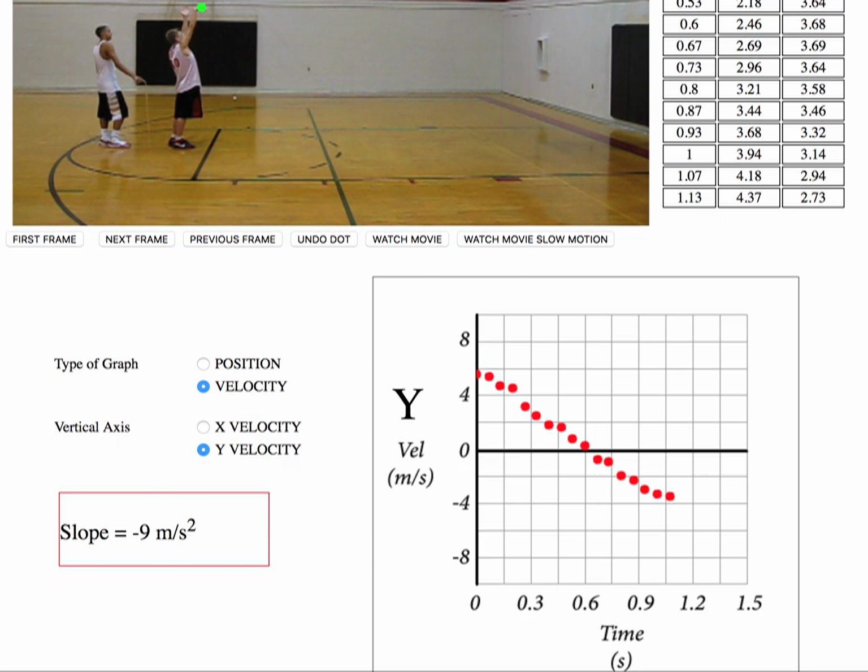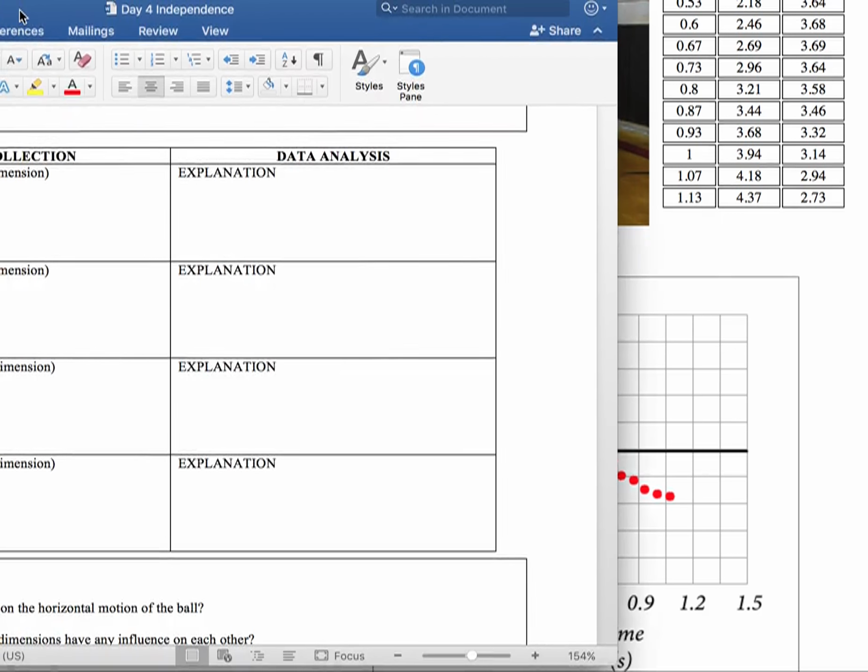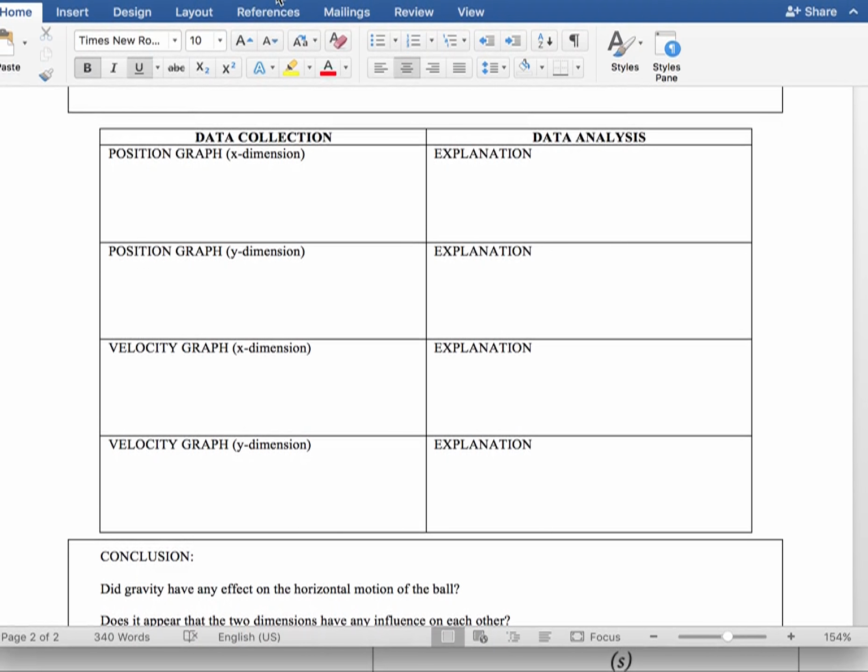All right, data collection is done. You should have drawn graphs in each of these boxes on the left. Now we're going to do the hardest part of the lab, which is say what all of these numbers mean, or what the graphs mean.